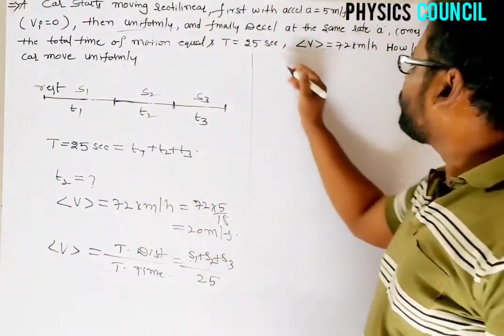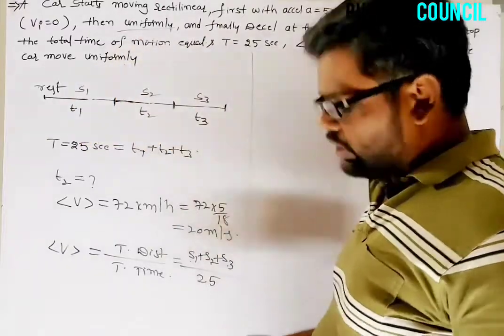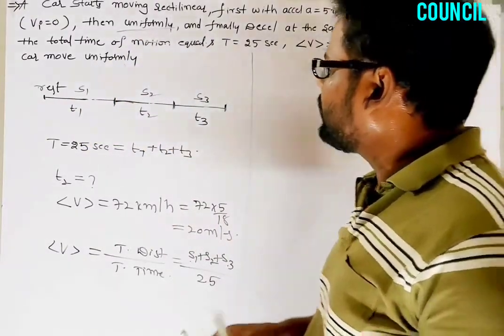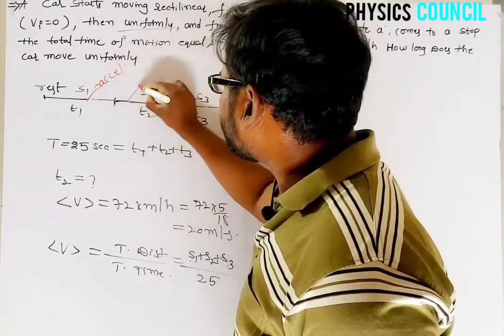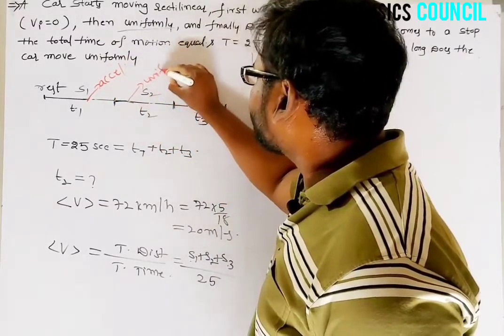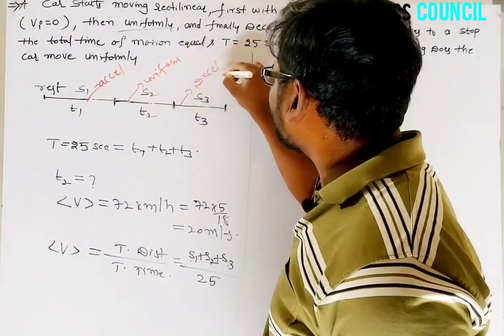Now to find the s1 value, in the case of accelerating motion, this is accelerating motion, this is uniform motion, and this is deceleration motion.